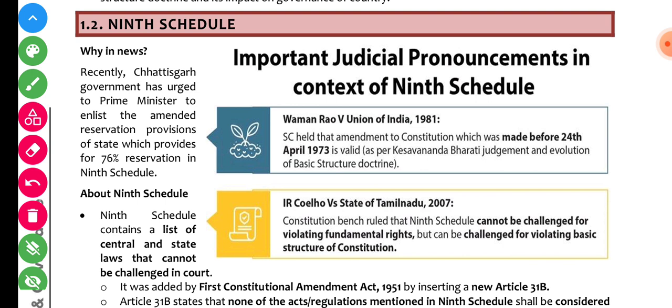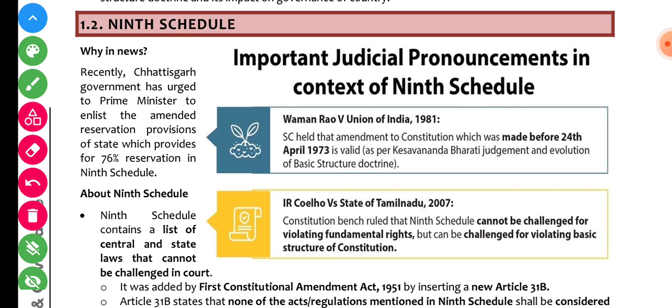And important judicial pronouncements in the context of the Ninth Schedule. Waman Rao versus Union of India, 1981. The Supreme Court held that amendments to the Constitution made before 24th April 1973 are valid, as per the Kesavananda Bharati judgment and the evolution of the basic structure doctrine.